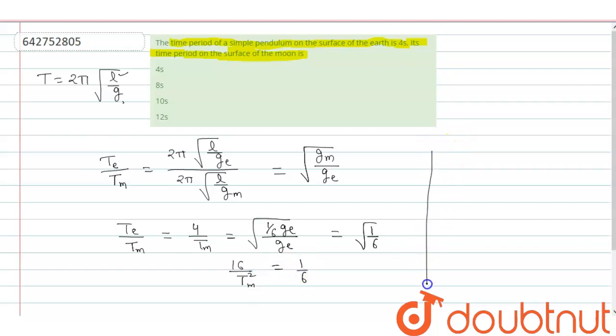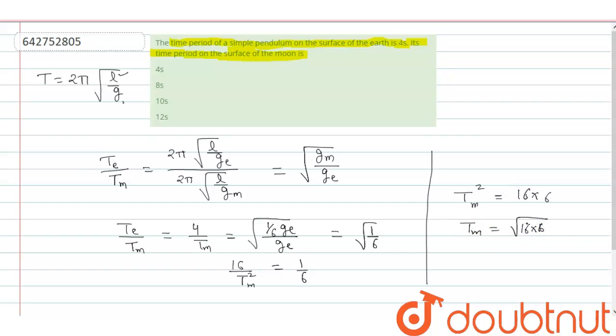So after solving this, time period on the surface of Moon square becomes 16 multiplied by 6. So we can say that Tm becomes root of 16 multiplied by 6.